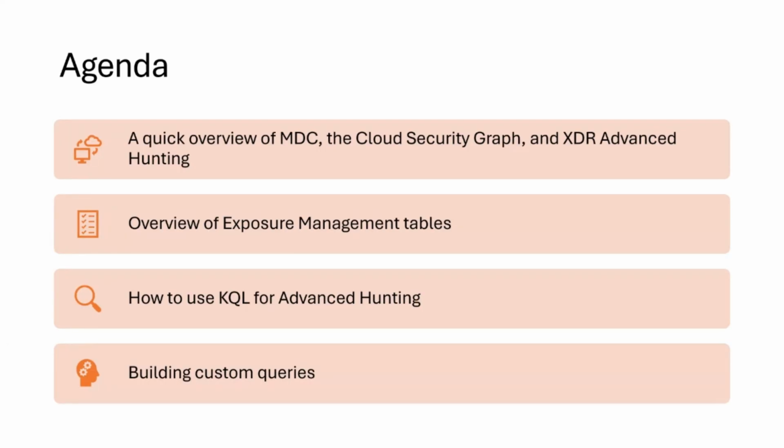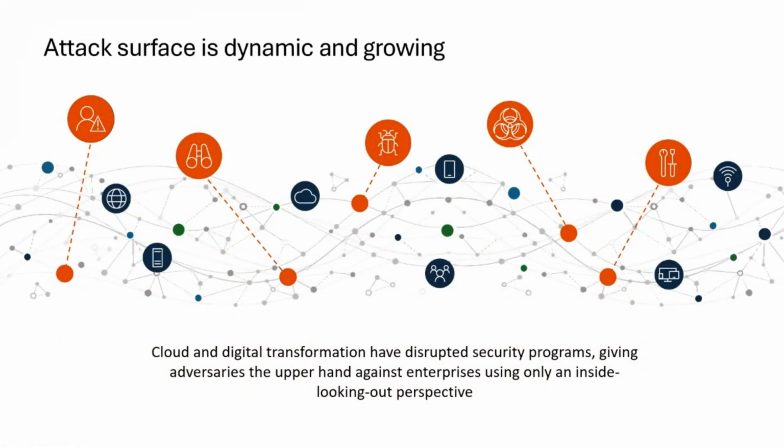We're going to look into how to use KQL, which stands for Kusto Query Language, for writing specific queries to be used in advanced hunting. And obviously, we're going to show some custom queries. So without any further ado, let me go on with the first slide.